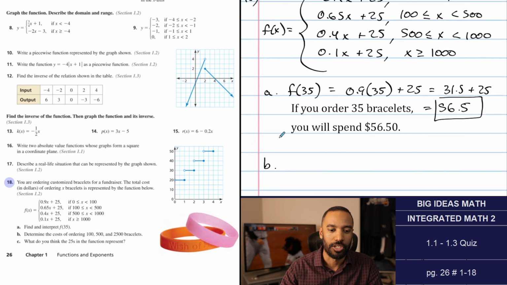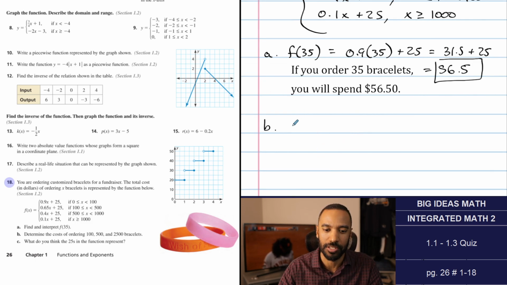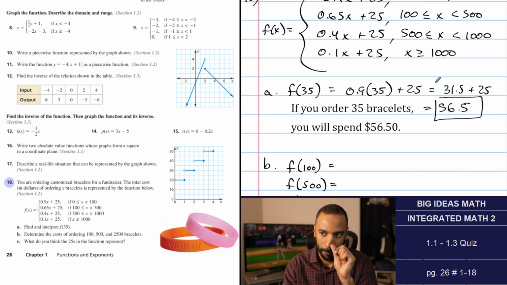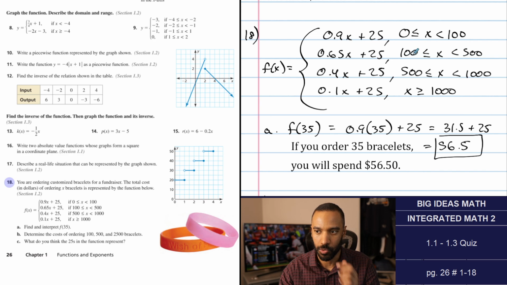Part B. Determine the costs of ordering 100, 500, and 2,500 bracelets. So we're going to do f of 100, f of 500, and f of 2,500. Now f of 100, we're going to substitute not in the top equation, but in the second equation because 100 is there.